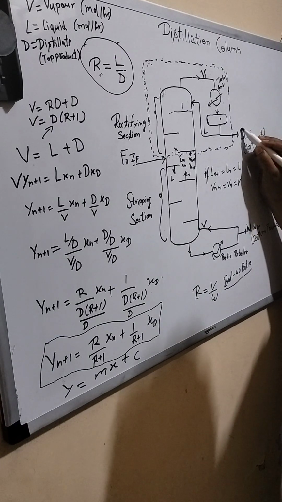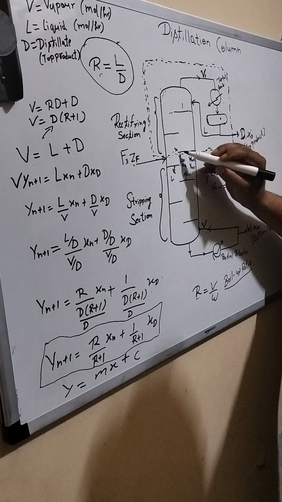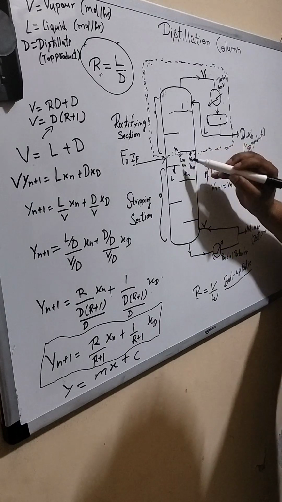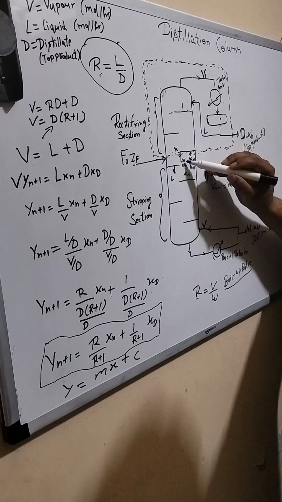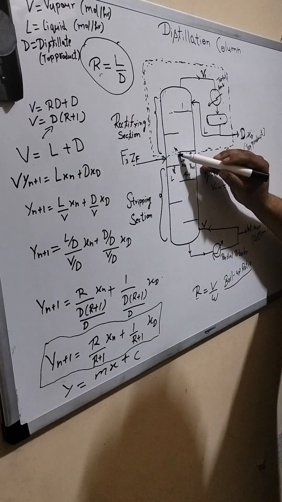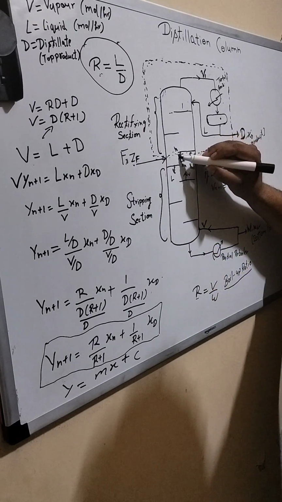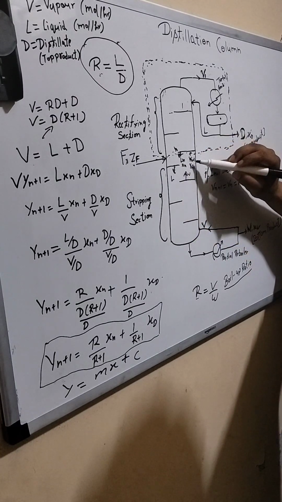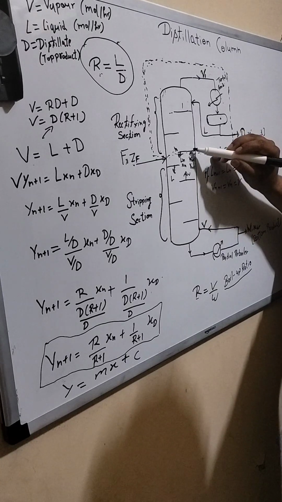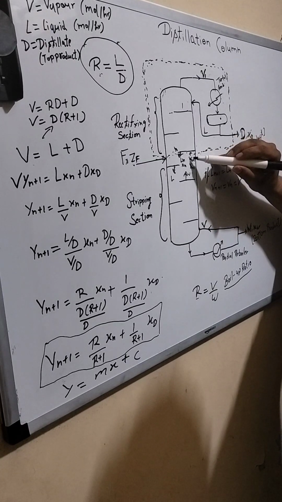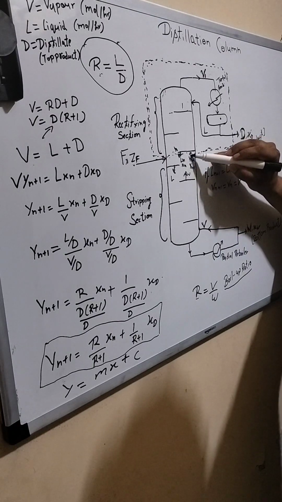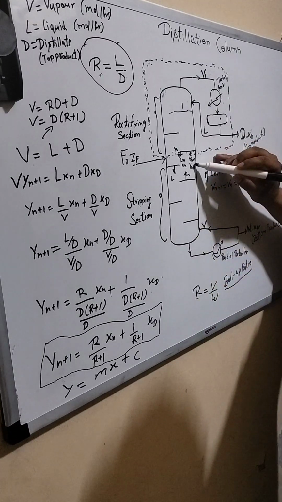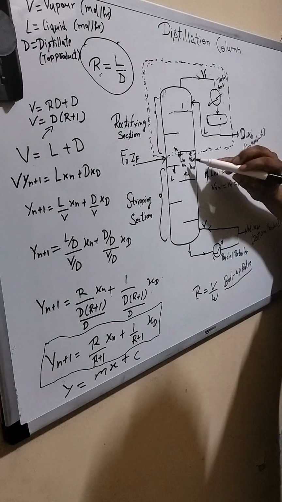From the nth tray the liquid with flow rate Ln is coming out, and the vapor from the n plus 1 tray is going towards the nth plate with rate Vn plus 1 mole per hour, having the mole fraction of the more volatile component yn plus 1.